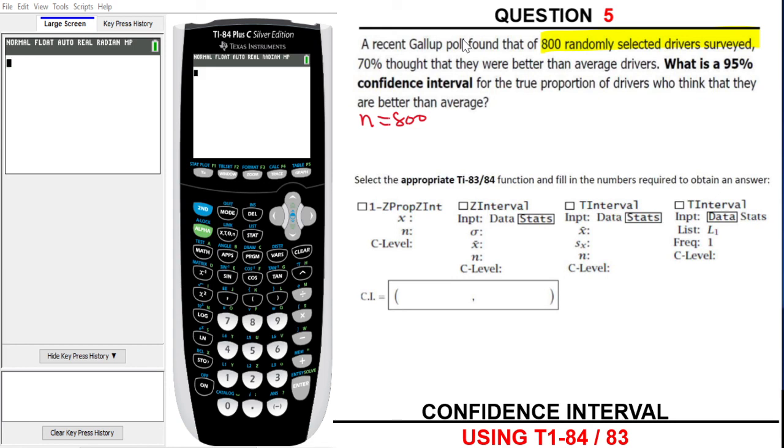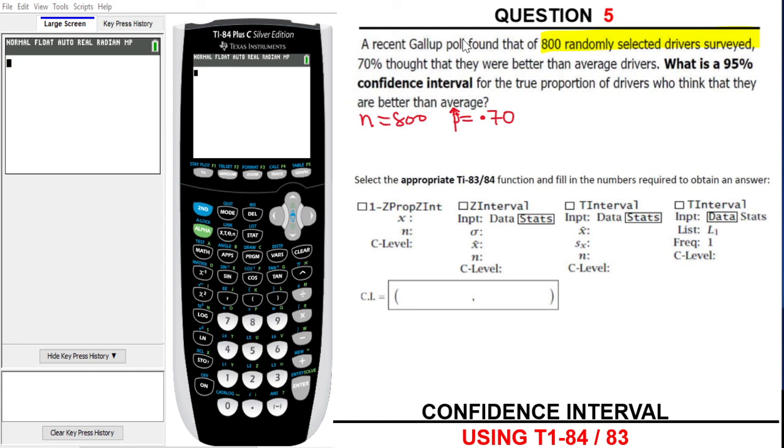Here they did not give us the x, but in that sample, the p hat, which is the sample proportion, happened to be 70%. So 70% is 0.70. So in this case, you have not been given the value of x.